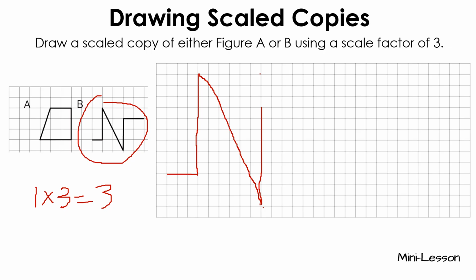So it has 2, and we're going to apply the scale factor of 3. 2 times 3 is 6. 1, 2, 3, 4, 5, 6. And there you go. We have duplicated B by scale factor of 3. You should try it with A.